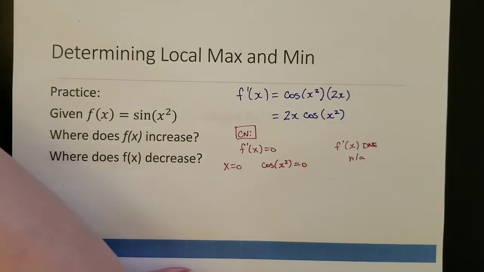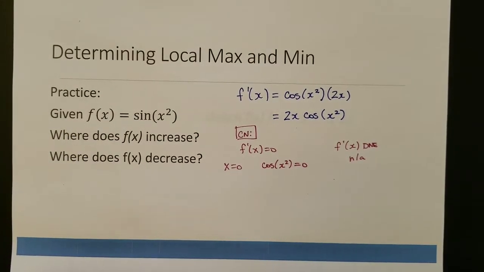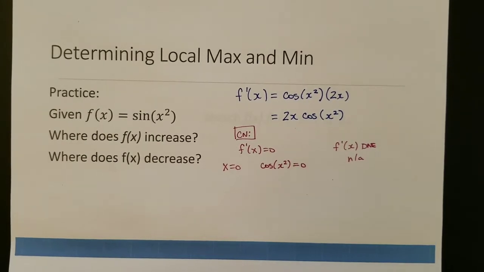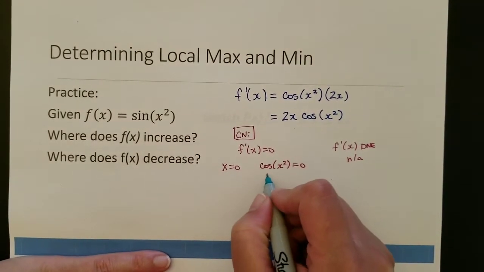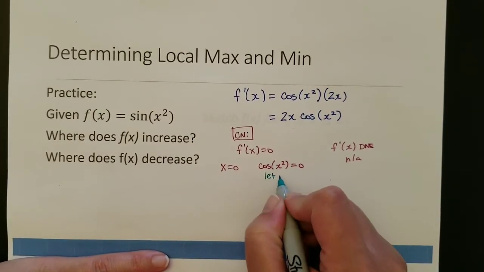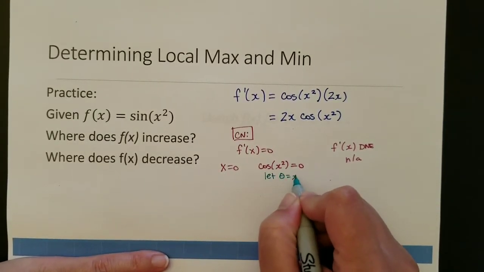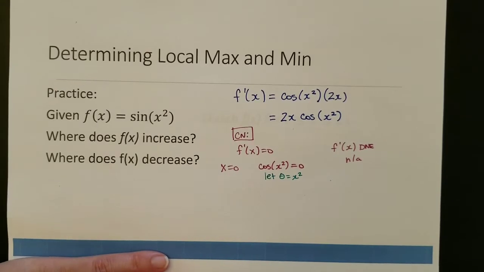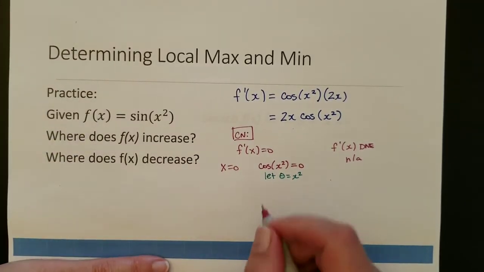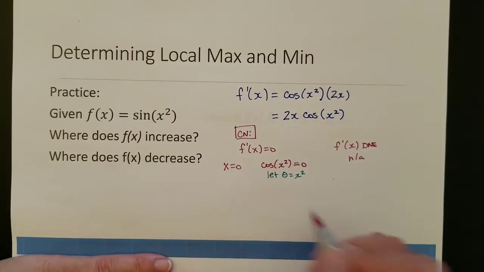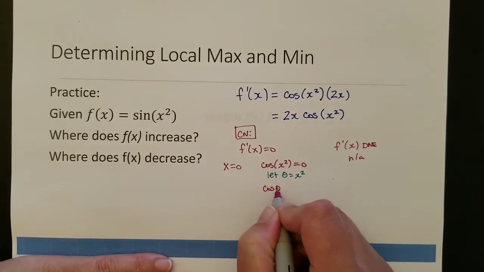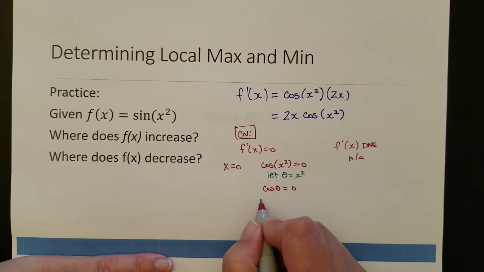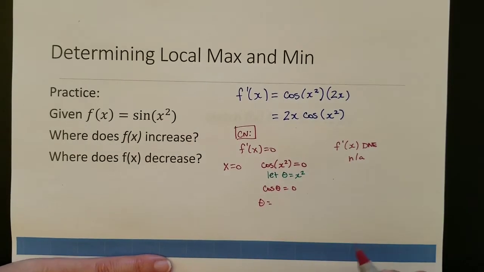Sometimes, when we have a trig function with a bigger, messier thing in the angle, people prefer to do a substitution. So if it helps you, you can say let theta equals x squared. If you don't need to do that yourself, that's fine. So I could say cos theta equals 0, and then what would be the values of theta?